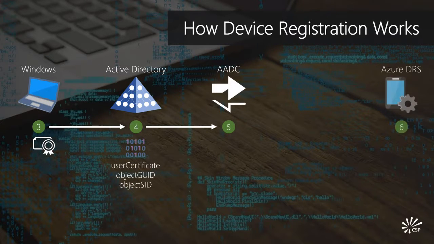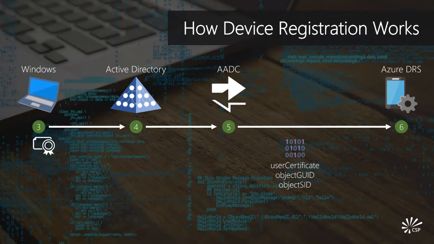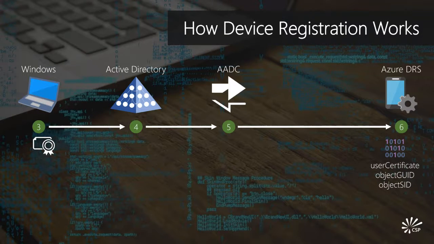After this happens, we need to wait for Azure AD Connect to synchronize the change for the device object from the on-prem AD up to the Azure Device Registration Service, or Azure DRS. If this is the first time the device is being synchronized, like an out-of-box setup rather than an existing device, some other key attributes get sent up as well, including the object GUID and the object SID.